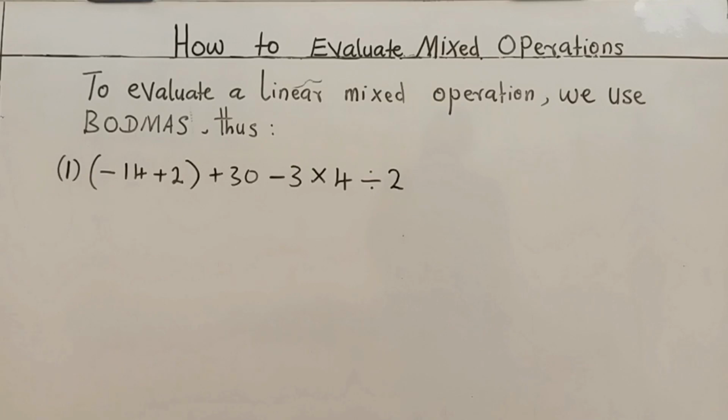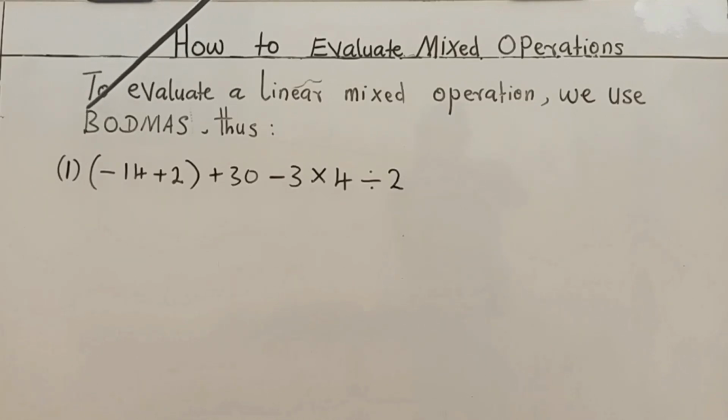What it means is that those persons that encountered this challenge in the past had to resolve it among themselves as to which operation should be carried out first if there comes to be a mixture of these three basic operations, as we have in this case here. That is how they resolved that bracket should be treated first, that is B, and if there is a bracket, after being treated, there comes off.